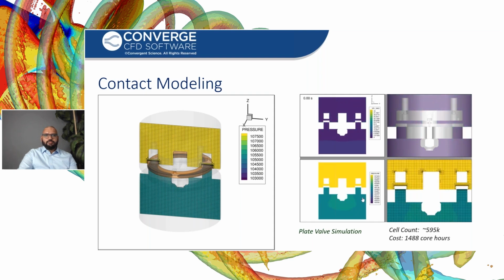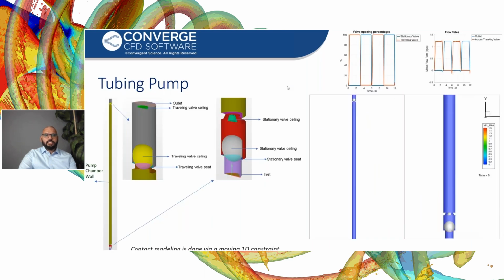As the pressure rises, the valve is pushed up, and as the flow goes into the discharge region, the pressure reduces and the valve comes back and hits back on the valve seat. So again, contact modeling is very important in this aspect.